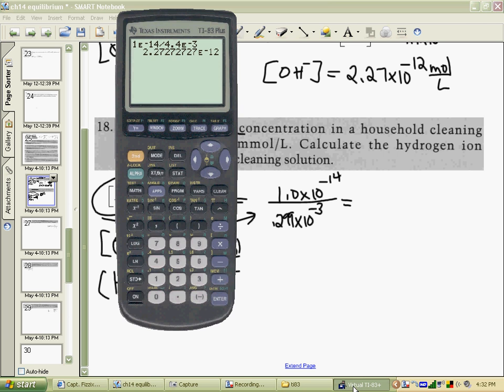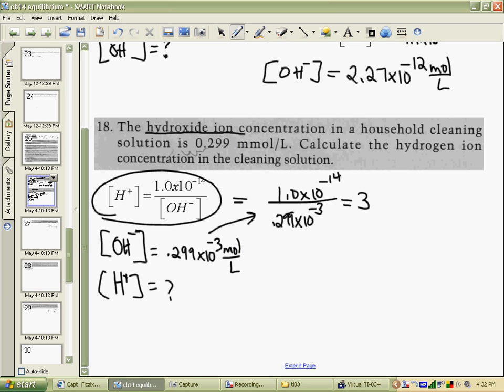We take 1 times 10 to the minus 14 and divide by 0.299 times 10 to the minus 3, and we get 3.34 times 10 to the minus 11, again, moles per liter. And those two questions seem to work out pretty good.